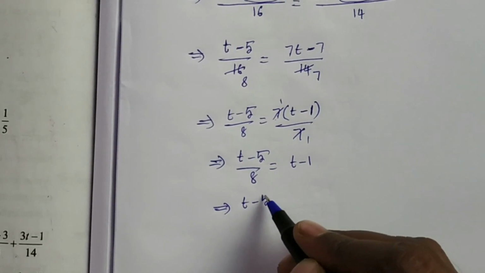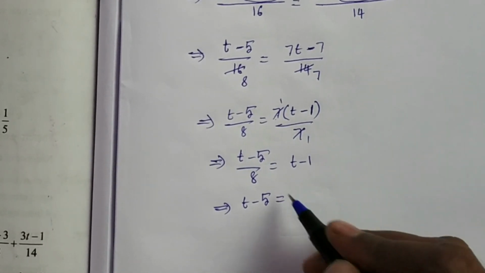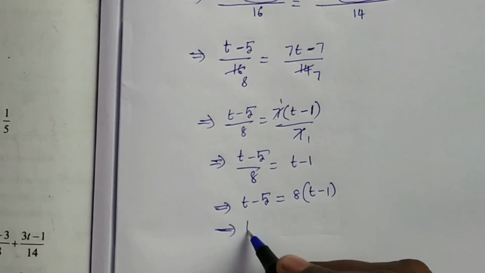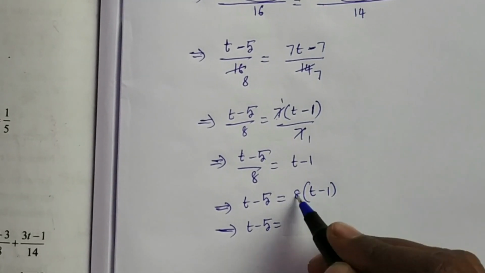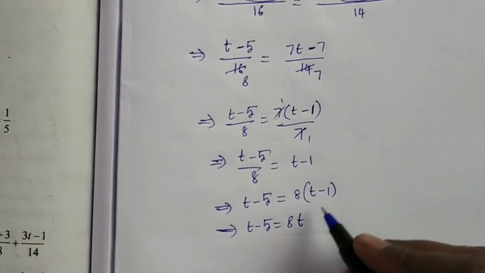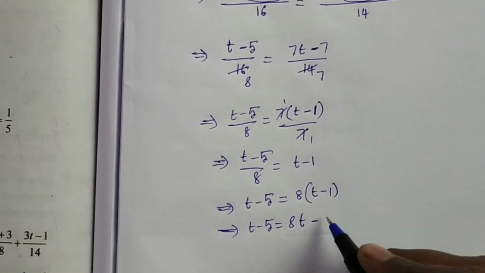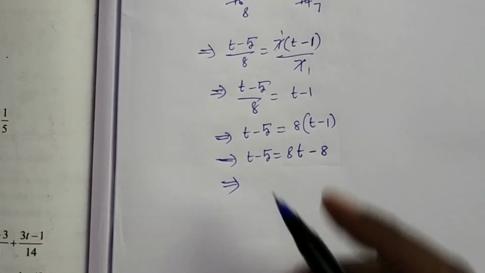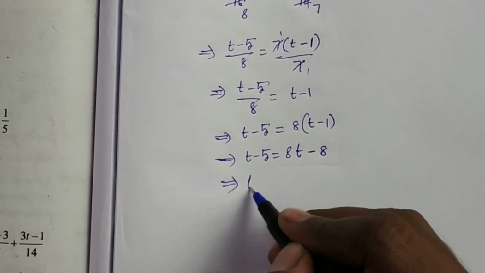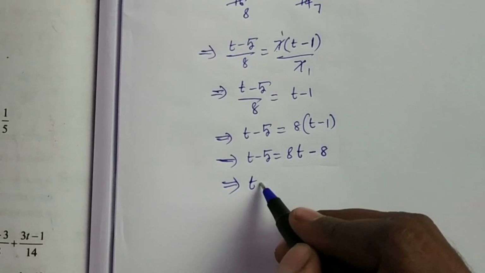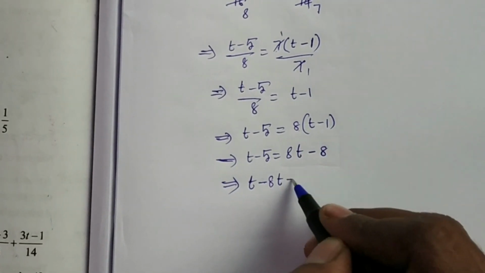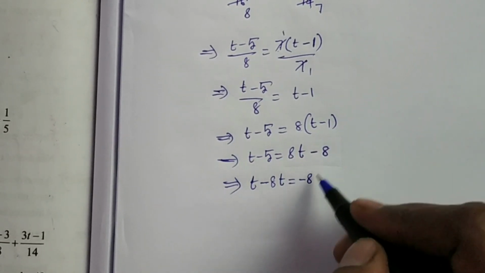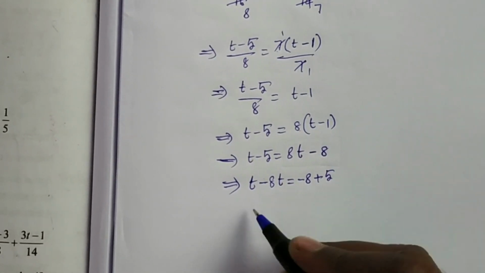So t minus 5 is equals to 8 into t minus 1, simplify them. T minus 5 is equals to 8 into t, 8t, plus into minus, minus 8 ones are 8. So send t's one side, t plus 8t, send this side, then it will be minus 8t. Already minus 8 is there, minus 5 send right hand side, then it will be plus 5.